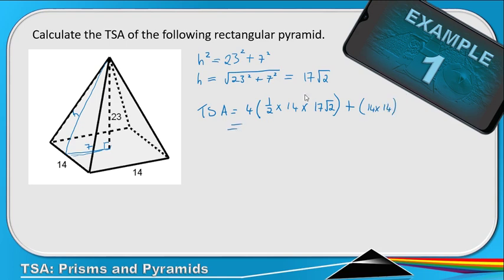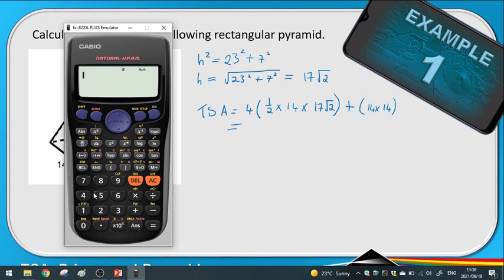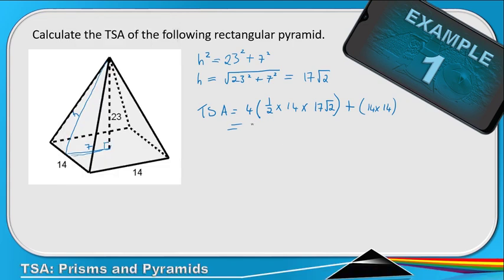And then we type that into the calculator. Okay, so that gives us 869,17.